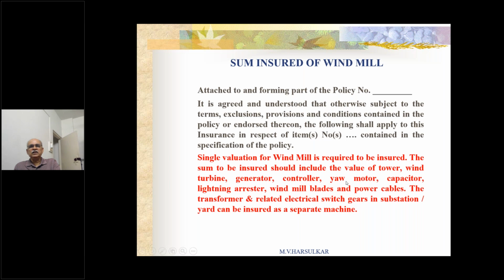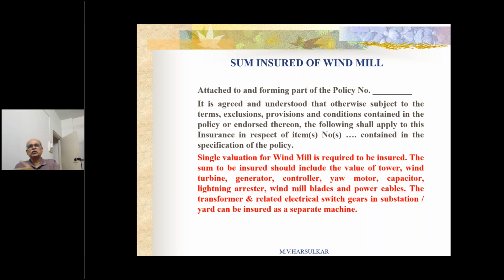In one of the claims which I surveyed, they had given separate values for all these things. Besides that, they had shown one item as a cost of erection. So there were issues in that claim. Since I knew this endorsement, I told them that this sum insured should be like this. And what happened in windmills, taking down the windmill and again putting it on the tower, that cost is much higher than the parts to be replaced.